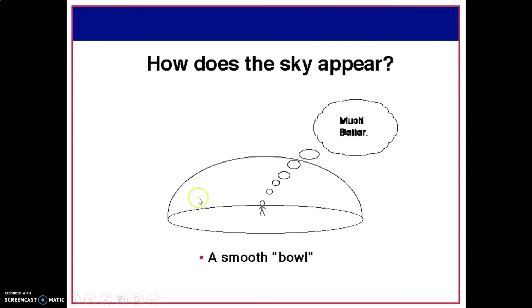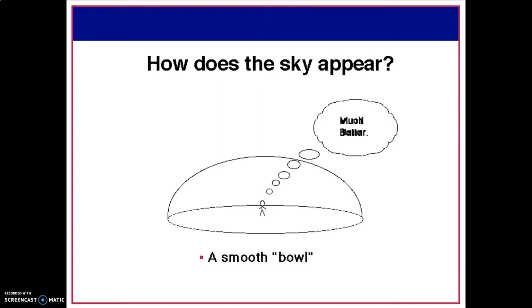Hopefully you can see that when you go outside and look at the sky, it's a dome shape. The reason it's a dome shape is because of the Earth's shape. The Earth is not quite a sphere. It's actually called oblate. It's not a perfect sphere. It's fat in the center because of the Earth's rotation.